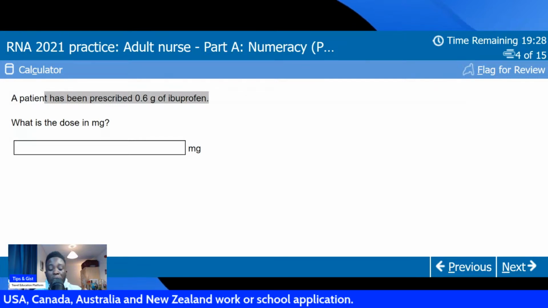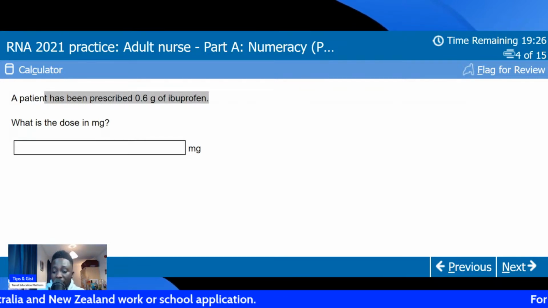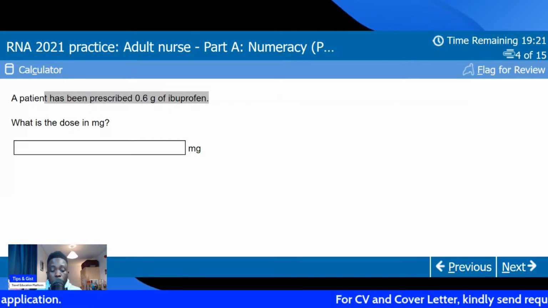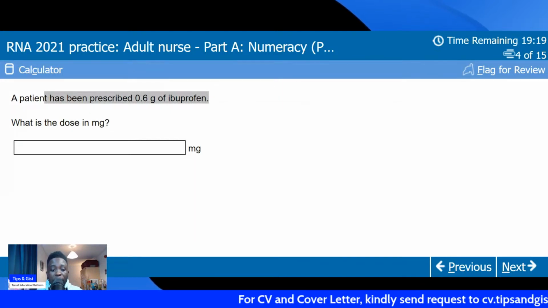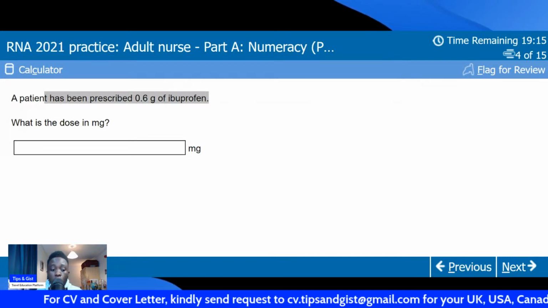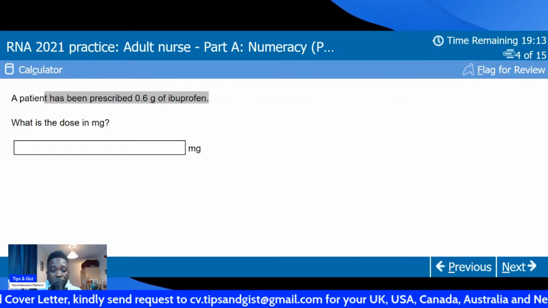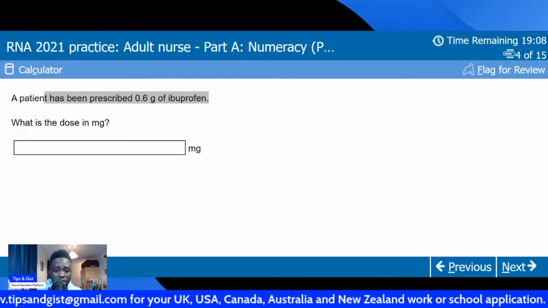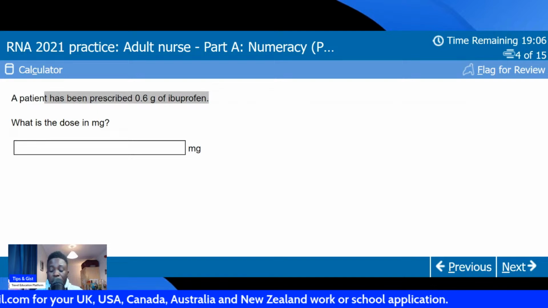So you are supposed to convert 0.6 gram to milligram. And if you know your international conversions, you know that 1000 milligram is 1 gram. Therefore 0.6 multiplied by 1000 will give you 600 milligram. And that will be the answer. So you have to know your international unit conversions. That 1000 milligram is 1 gram.